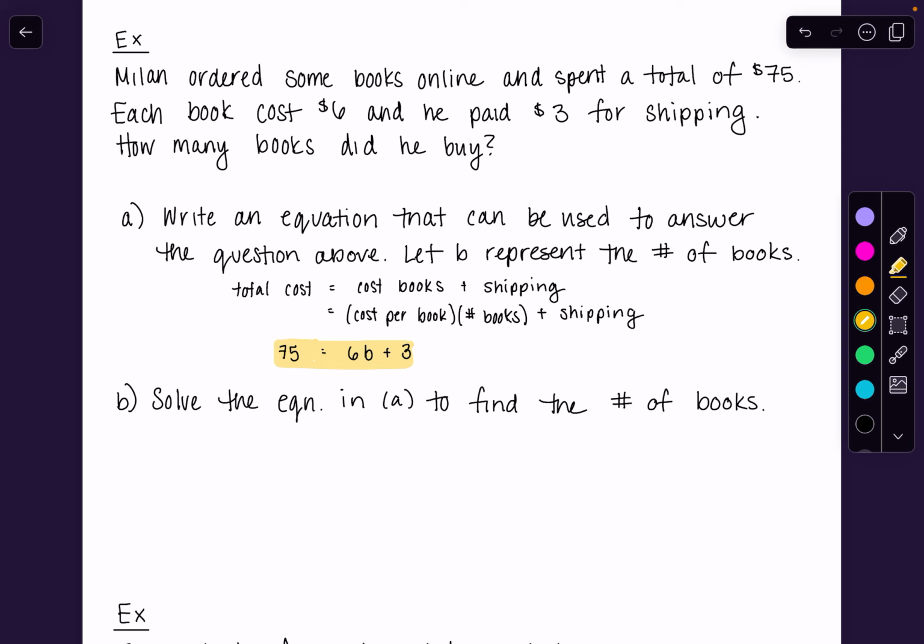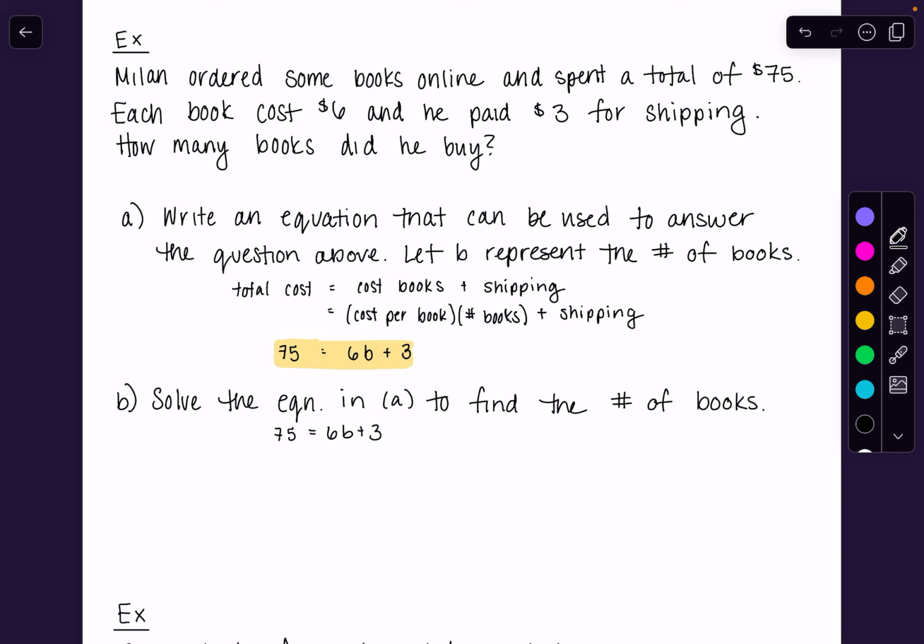My total cost is the cost per book multiplied by the number of books to give me the total cost I spent, plus that $3 we had to spend shipping. Okay. So my goal now is, what value of B do I plug into here to make this a true statement? So we're going to go ahead and now actually solve this equation.